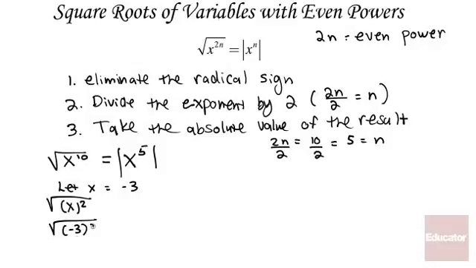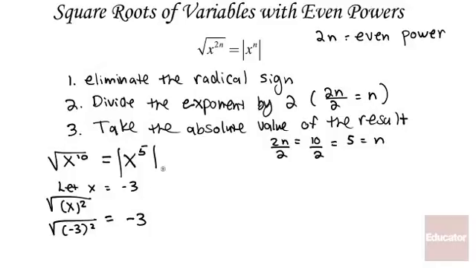If I just use the first two steps of this system, I eliminate the radical sign, and I divide the exponent by 2. Well, the exponent is 2. I simply divide that by 2 to get 1. So I got rid of the radical sign, and that's going to give me -3, with an exponent of 1.